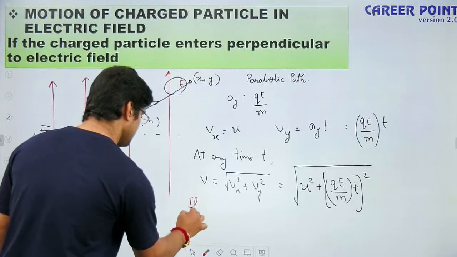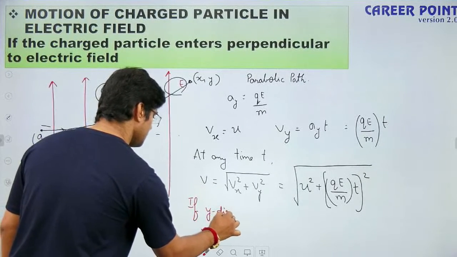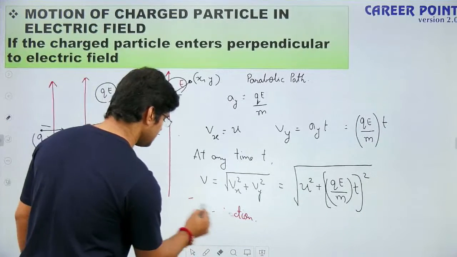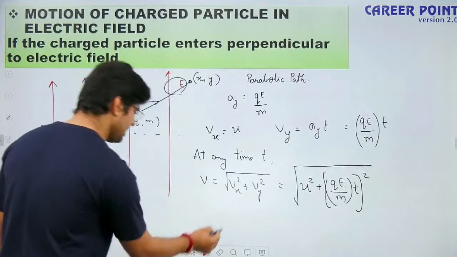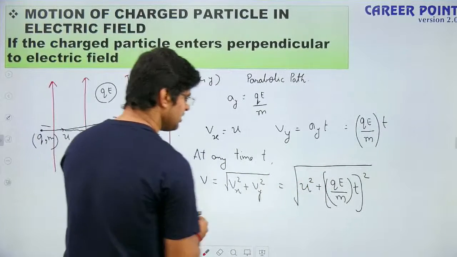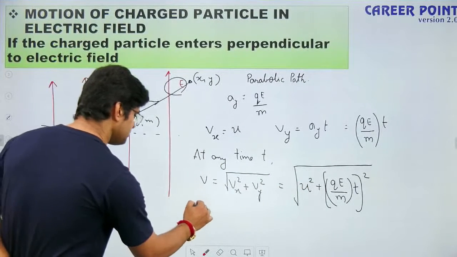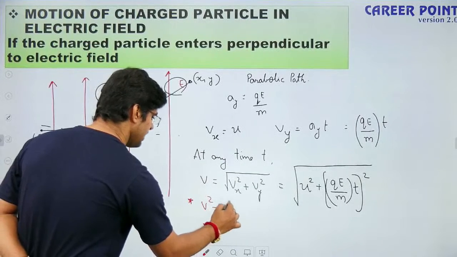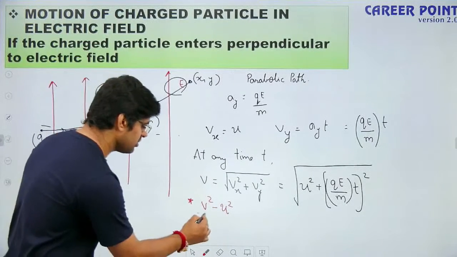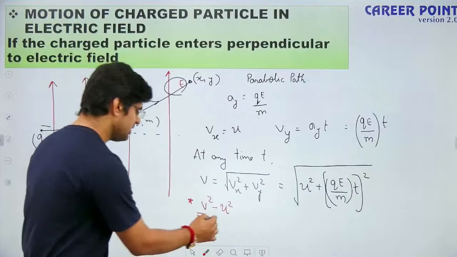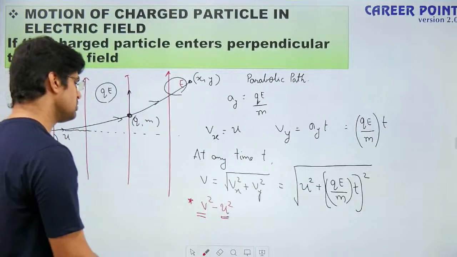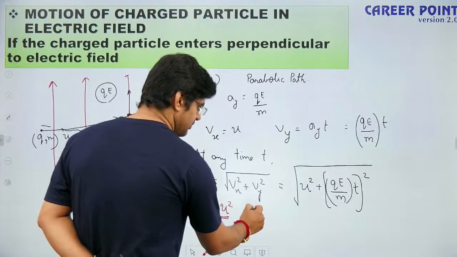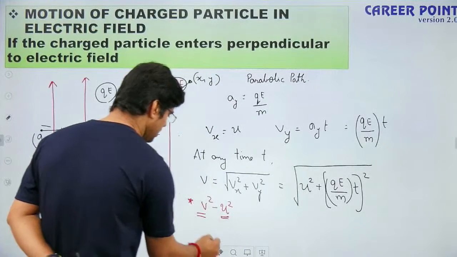From the same equation, we can write another equation like this: v square minus u square, net velocity final and net velocity initial, is equal to qe by m into x, but this will not be applicable here.